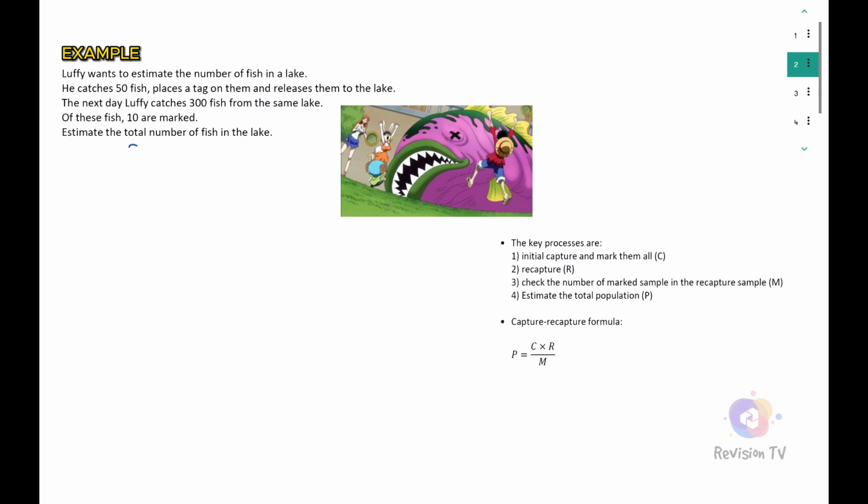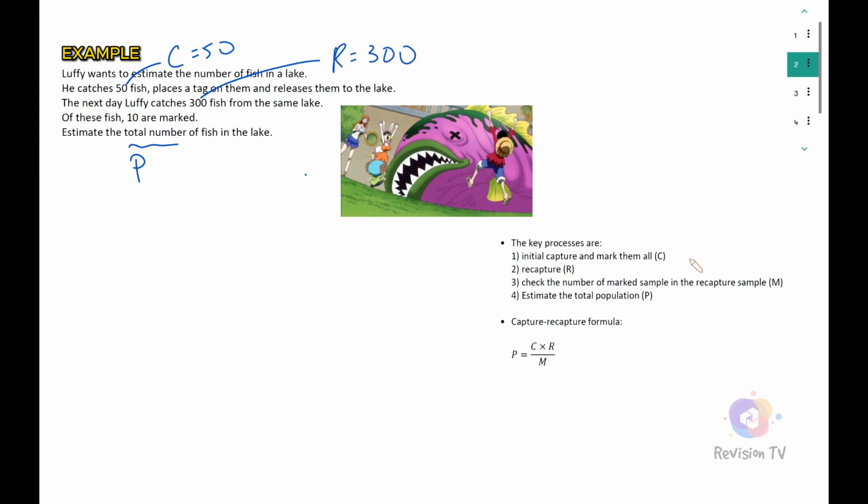The total number in the formula, P equals C times R divided by M, is the P value we want to work out. Your task is to match which number is which variable. The initial capture is C, so C is 50. Then they recaptured 300 of them, so R equals 300.